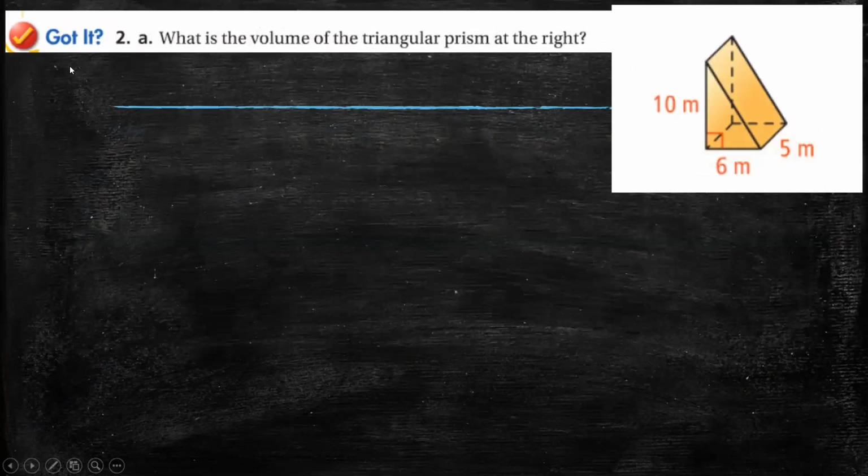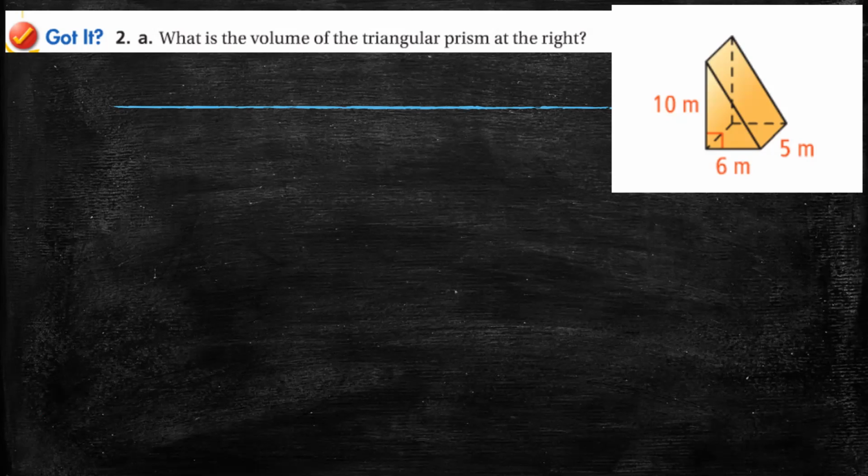Let's talk about a triangular prism, as you see here. You have two right triangles, this is the first right triangle and the second right triangle.